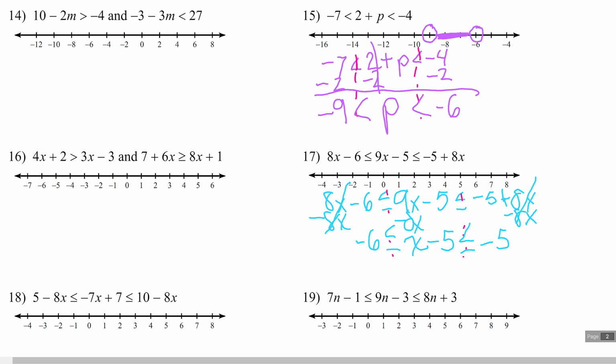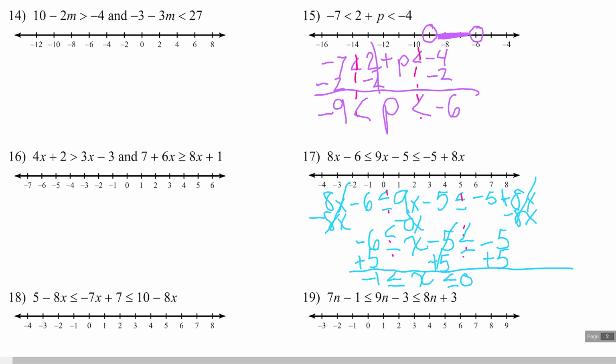Now, since we're isolating this middle variable, I need to add 5, but not only to the middle, I need to do it to the left and right sides. -6 plus 5 is -1. Bring down the inequality. Bring down the variable. Bring down your inequality. -5 plus 5 is 0.